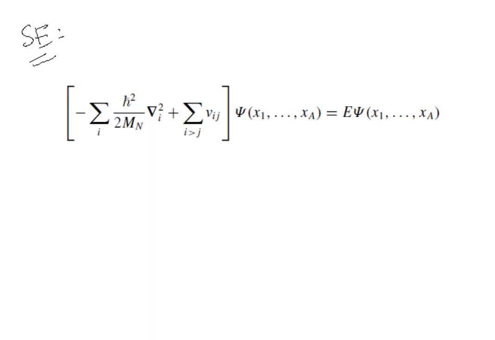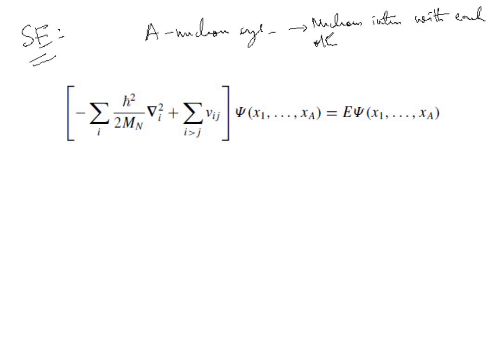The Schrodinger equation I can write like this here, and this I am writing for an A-nucleon system where the nucleons are interacting with each other through a two-body interaction nu.